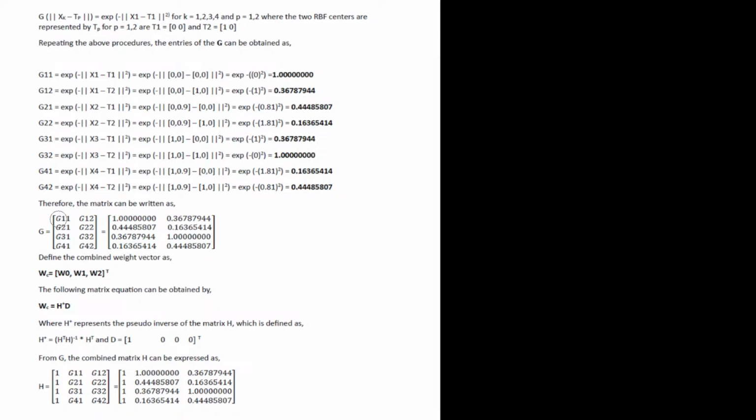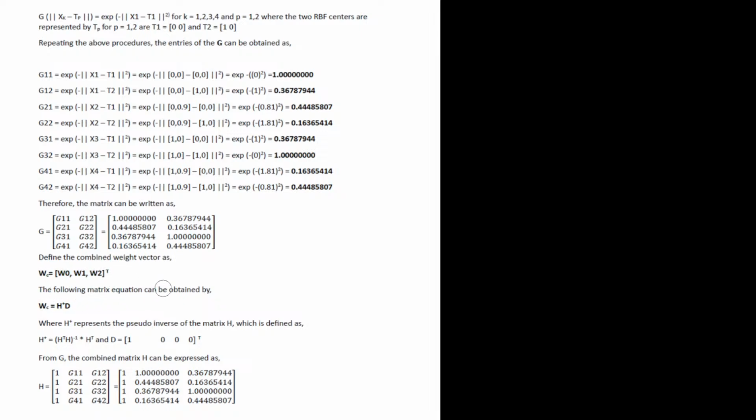Then you put them in a matrix like this: G11, G21, G31, G41, G12, G22, G32, G42. I already obtained the values and placed them in this order, and define the combined vector as WC equals W0, W1, W2 transpose.